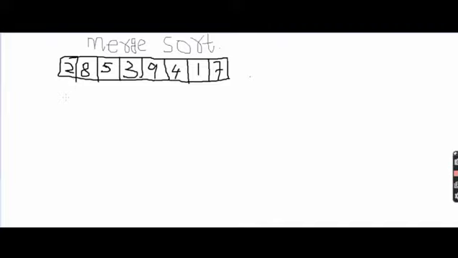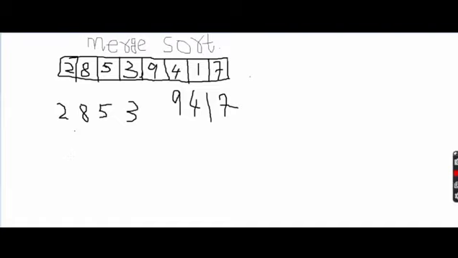So first we have to divide the entire list like this: 2, 8, 5, 3. We have divided it into two parts: 9, 4, 1 and 7.